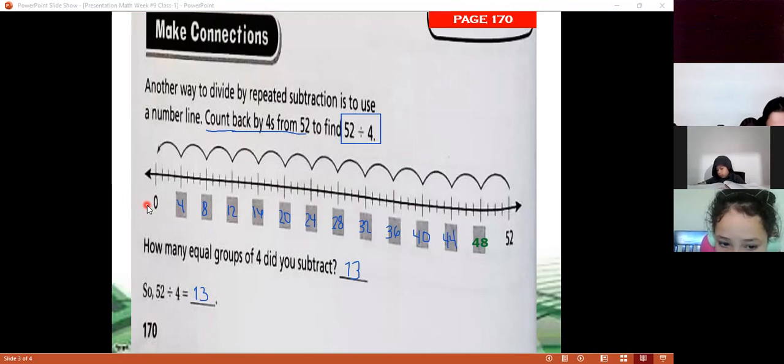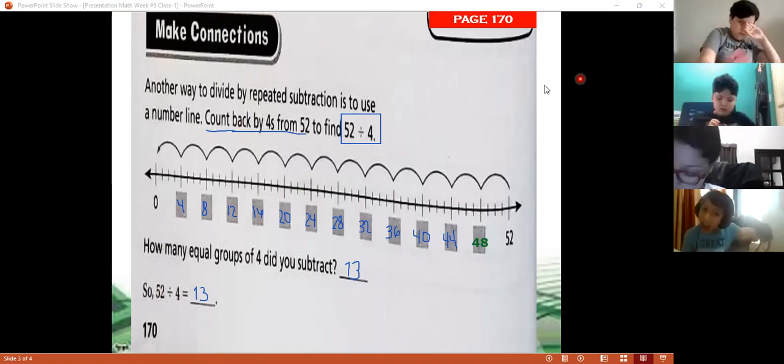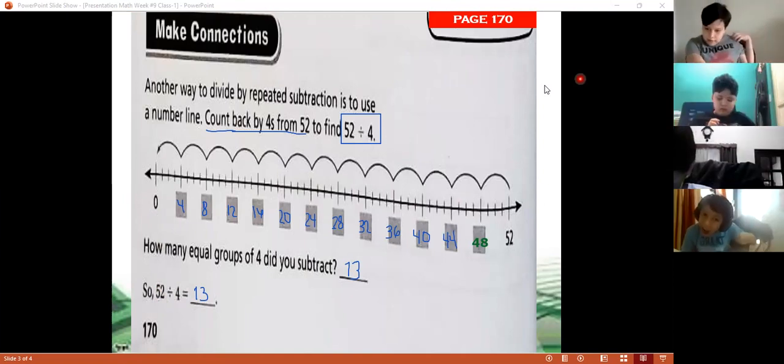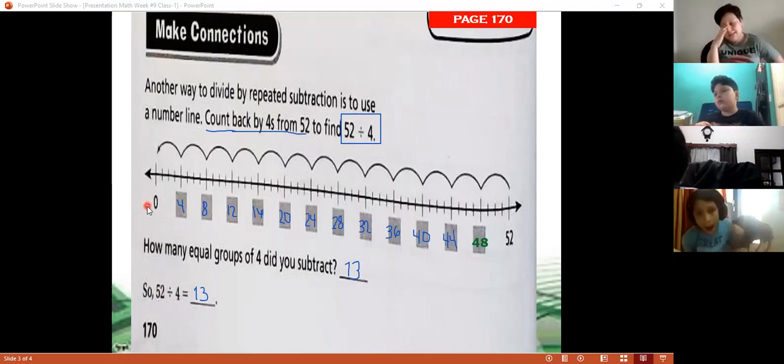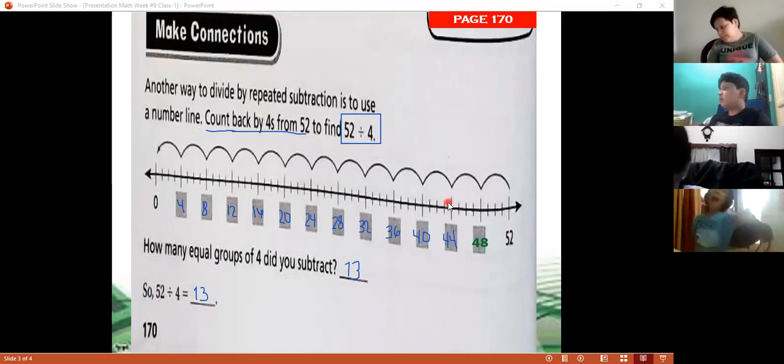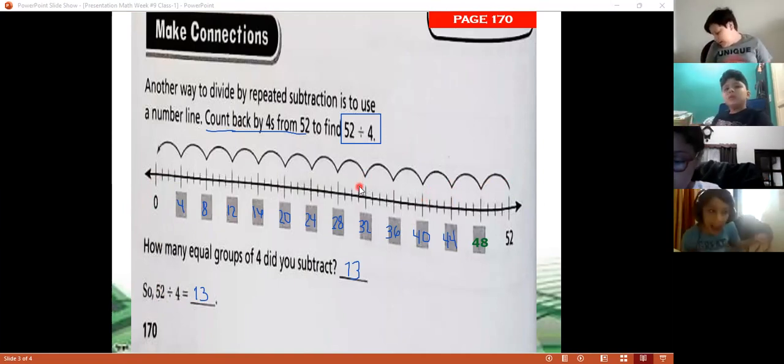Also we can check: if you multiply 4 times 13, you're going to get 52. And this is another way to check if the answer is correct. But just by seeing that we reach 0 in the number line, we know that our answer is okay, because we counted back by 4s and then counted how many times we subtract the number 4.